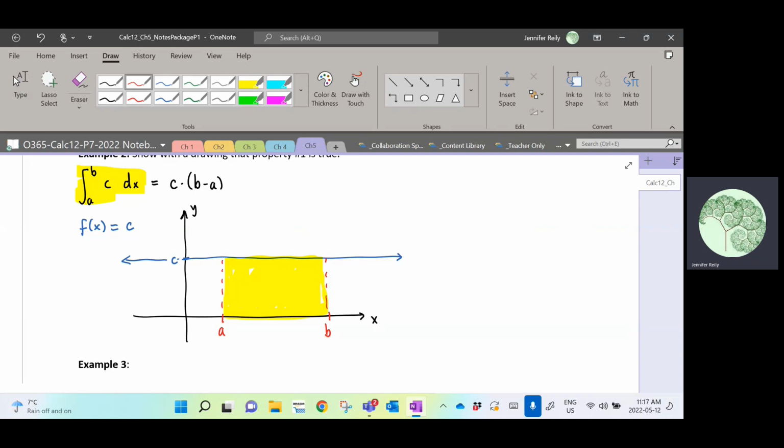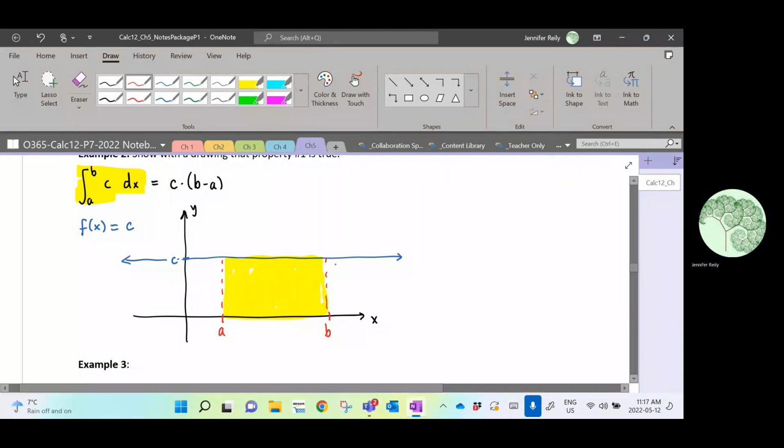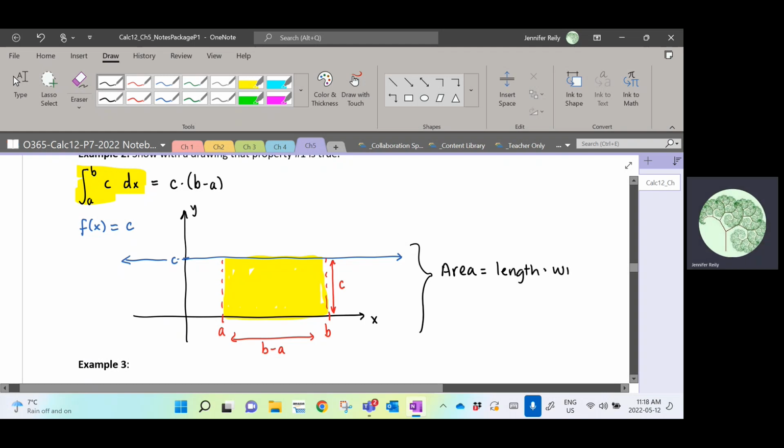And the area of a rectangle is length times width. The height of the rectangle here would just simply be C. And then the width of this rectangle would be B minus A. So if we want to do the area, length times width, it would be C times B minus A.